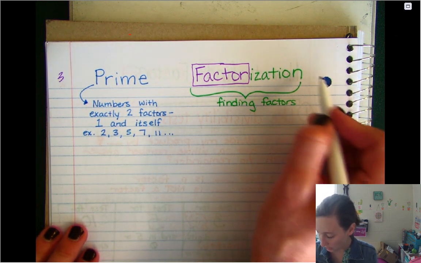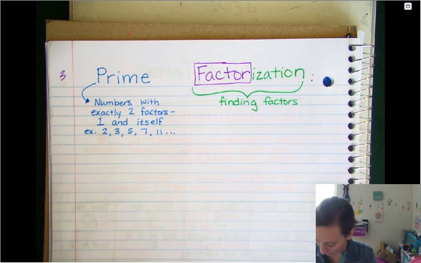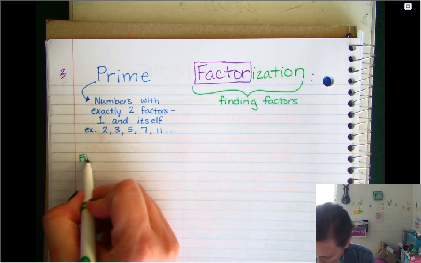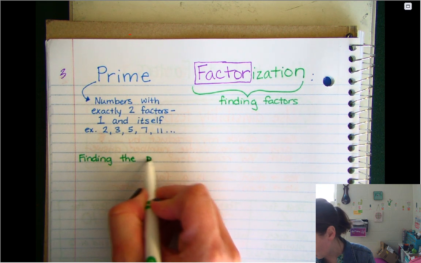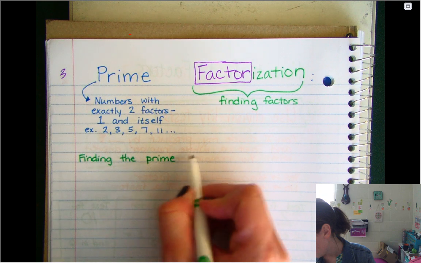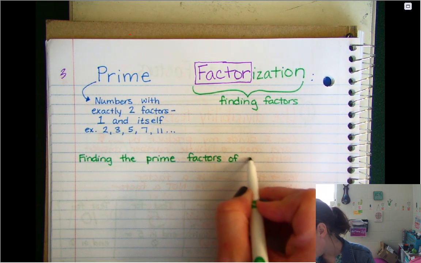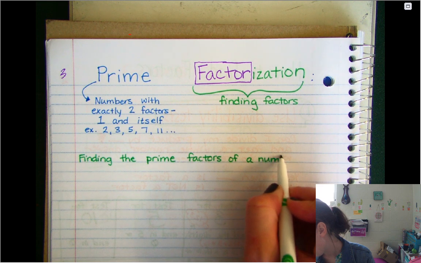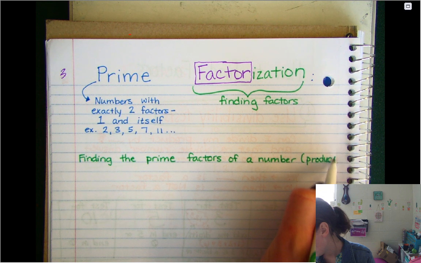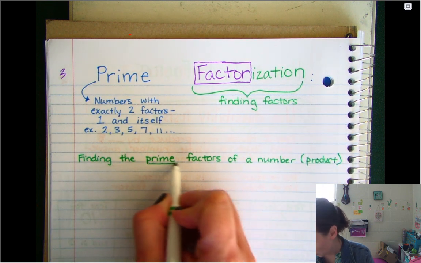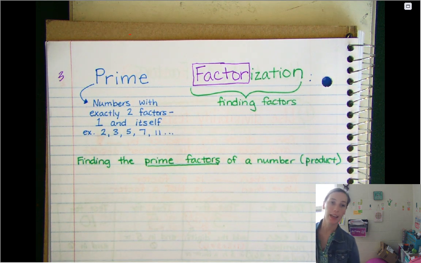So prime factorization altogether as a total word means finding the prime factors of a number or the product. Remember, the product is the big number.